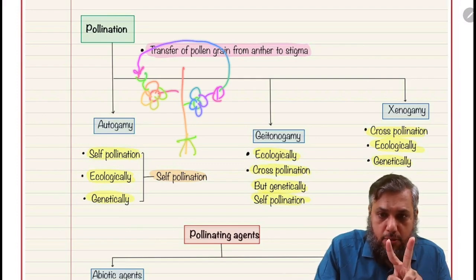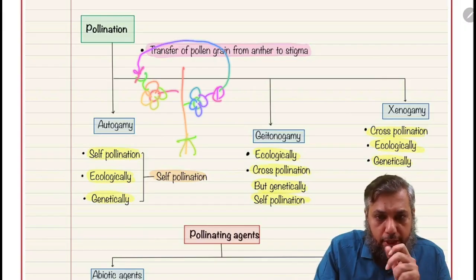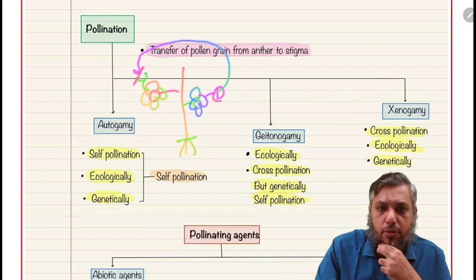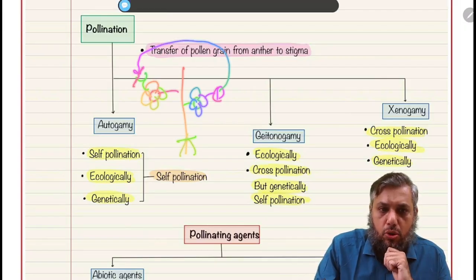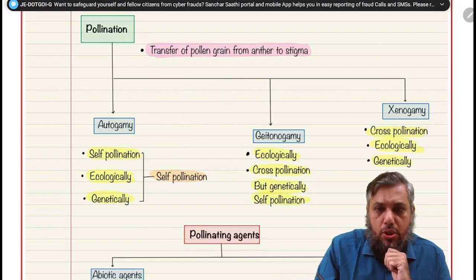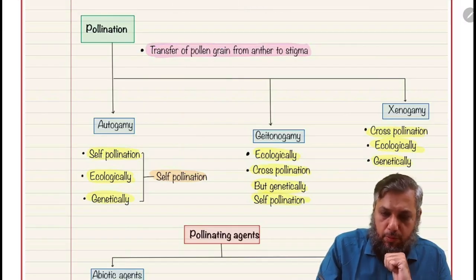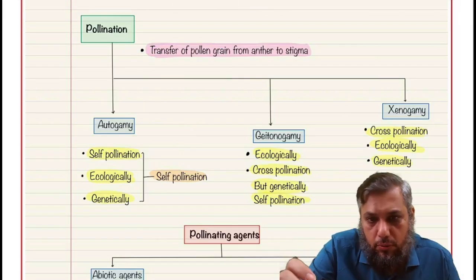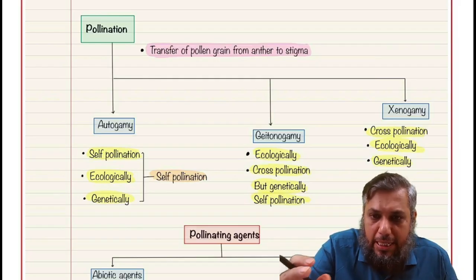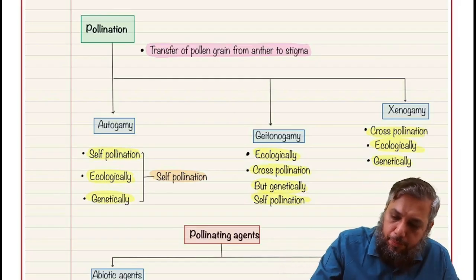So two flowers. So ecologically it is cross pollination, but they belong to the same plant. So genetically it is self pollination. So this is called geitonogamy, where geton means a neighbor. Gamy means marriage. So it's a marriage with a neighboring flower.